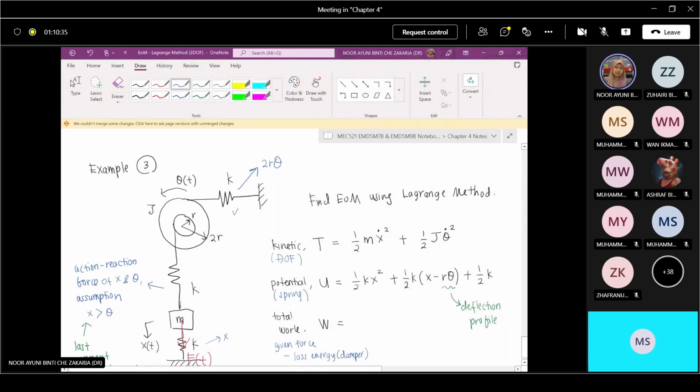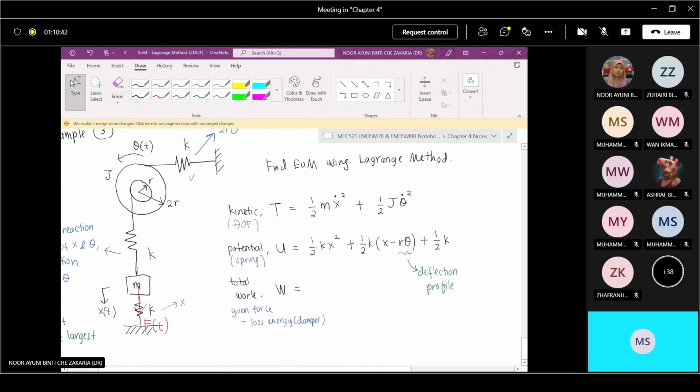Of course, it is also an x. Then this particular x is 2 arc theta. So you will have 1/2 K. Sorry, I'm missing the square. 2 arc theta square. This is also deflection profile.